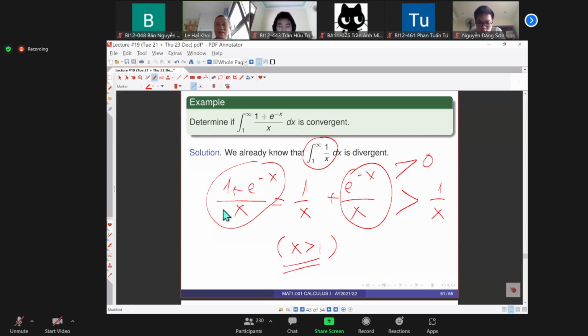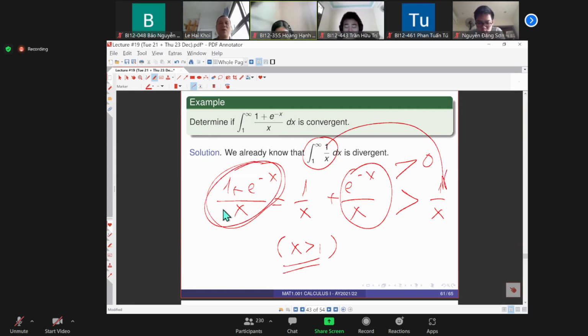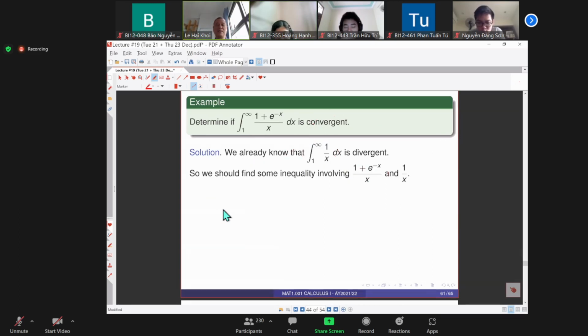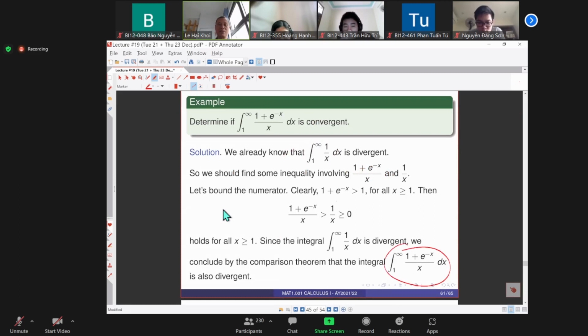As this integral diverges, then a bigger integral also diverges, right? Not converge. So very simple to notice. You can have that here because of that. And both are non-negative. We already talked about, right? So very interesting comparison using 1 over x to the power p, where p equals 1.